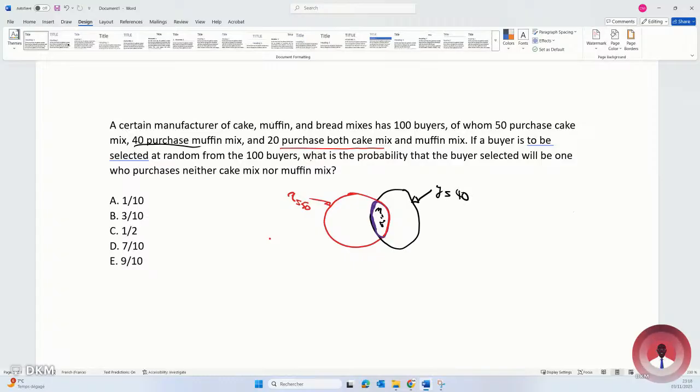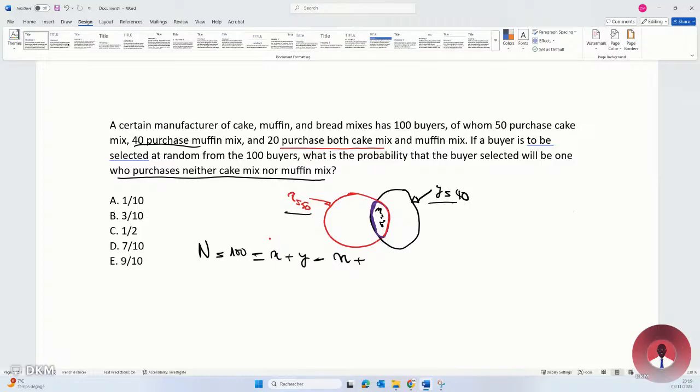Then we can use our formula. We can say N, which is equal to 100 buyers, is actually equal to X plus Y minus N, plus the number of buyers who are purchasing neither cake nor muffin mix.